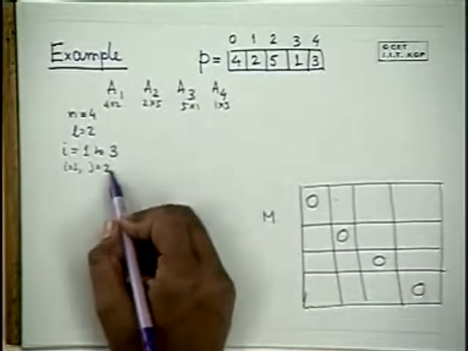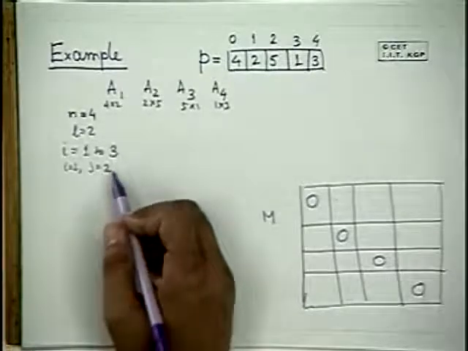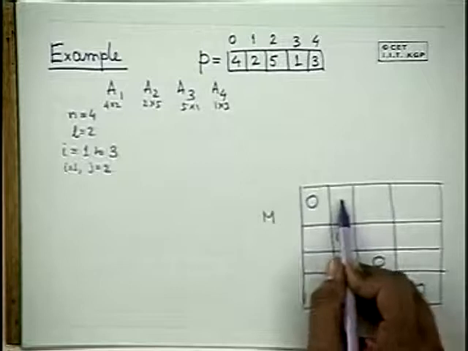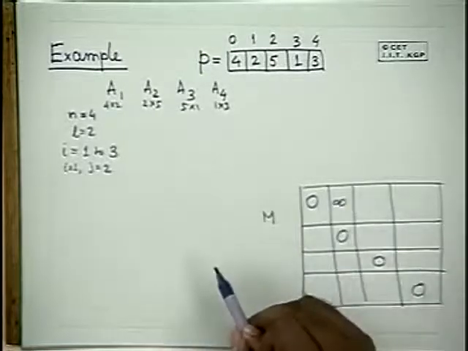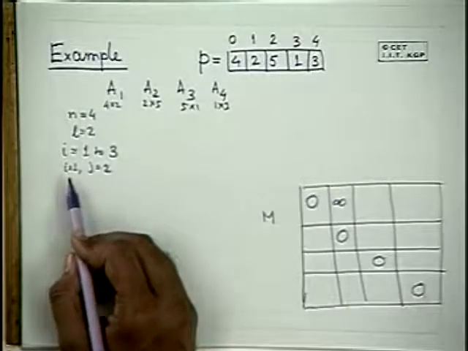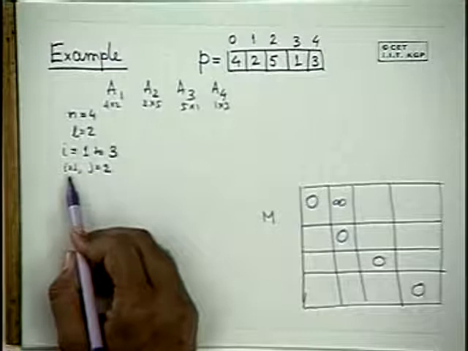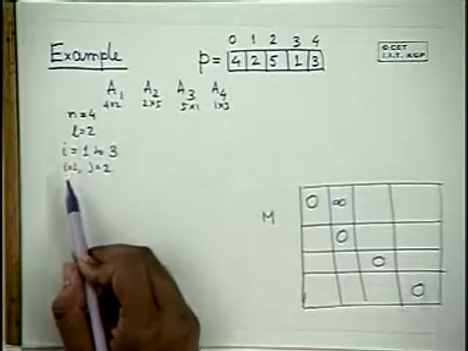So in that case, Mij is kept as infinity. So M12 is this location, which is initially kept as infinity. Now let us look into the value of k. K is going from I to j minus 1, which is k going from 1 to 1, so it will run only once.